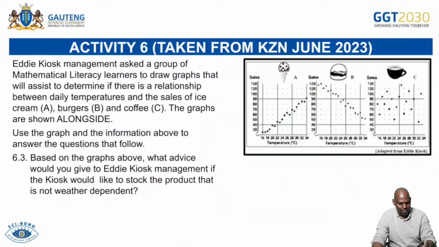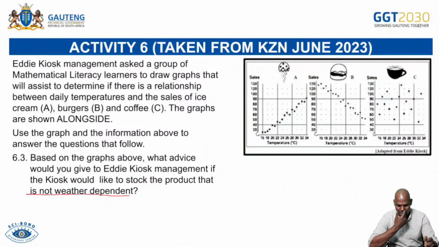6.3, they say, based on the graphs above, what advice would you give to the AD Kiosk management if the kiosk would like to stock the product that is not weather dependent? When they say that is not weather dependent, it means whether it's hot or cold, people will still buy it.